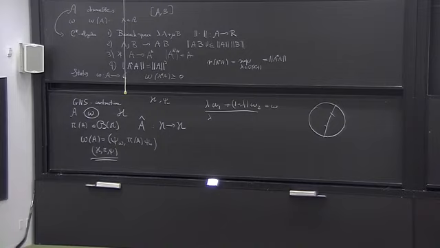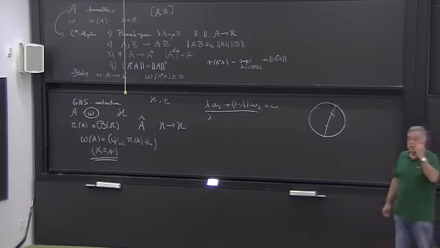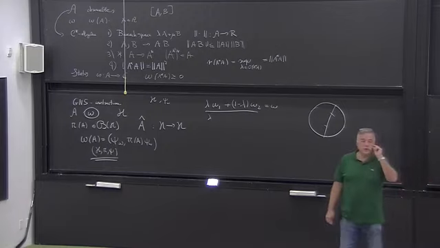If the commutator of A and B equals C, and C commutes with A and B, then the product of these two exponentials equals the exponential of the sum plus one half of C. Is everyone comfortable with this or not?